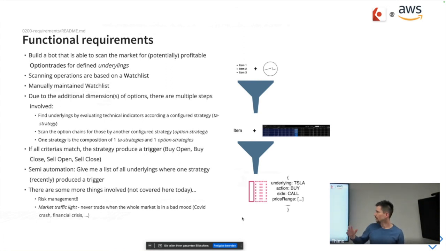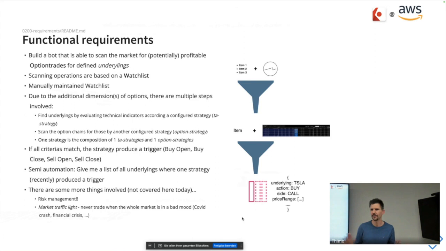The software should analyze the current structure of the chart in the first place, and then for all stocks that look okay-ish in some kind of strategy, it should analyze the option prices. And when the option prices are comparably higher than normal, and some criteria match, then it should create some kind of trigger.